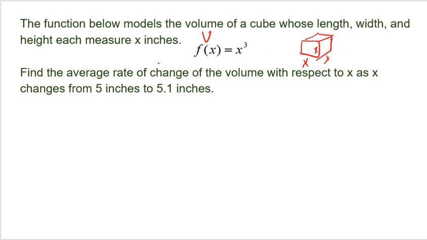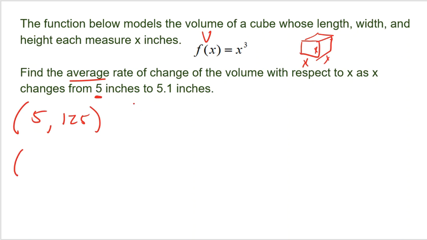So this wants me to find the average rate of change. Remember, average rate of change is not a derivative. This is just simply finding the slope between two points. So if I think of a cube that starts off with a 5-inch value for x, then the volume would be 5 cubed, which would be 125. So the input is the length, width, and height of the cube, and the output is the volume, 125.